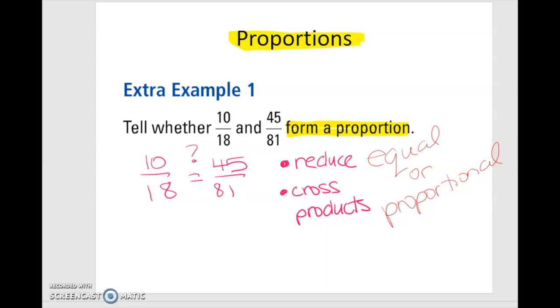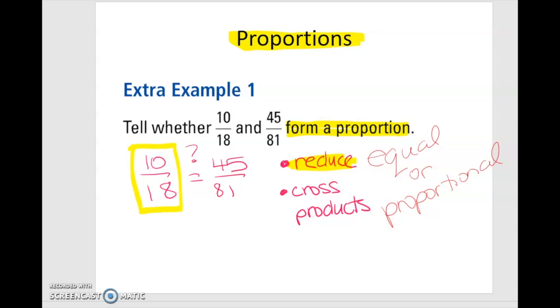Both strategies are good, and I kind of go back and forth between whether I'm going to do reducing or cross products depending upon the numbers. Looking at these two ratios, I can see that the numbers are pretty big. So I'm going to start off by using the reducing strategy. I'm going to look at my first ratio and decide, can that ratio be simplified?